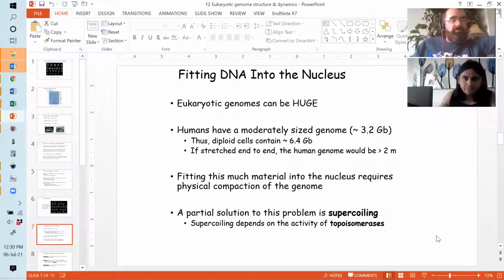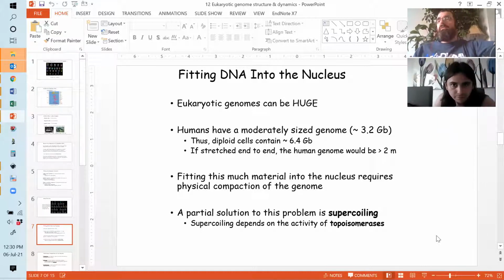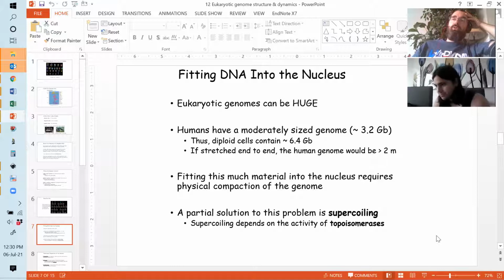And so there's this issue of how do we fit all this DNA in there, and how do we make it available for transcription if we're a cell in stationary phase, or DNA replication if we're in cell division. Part of the way that's dealt with is simply by coiling it more tightly, right?